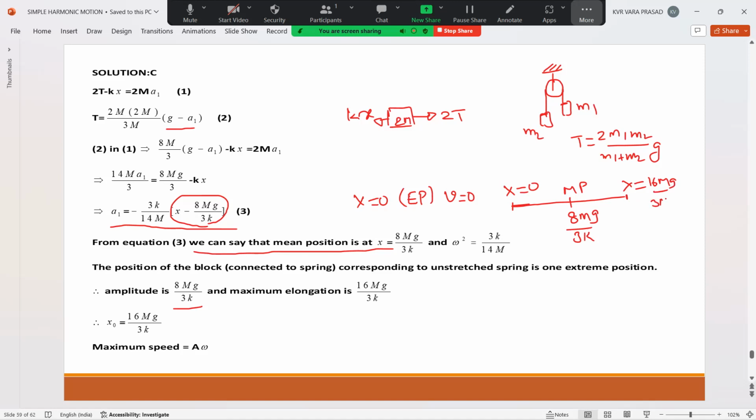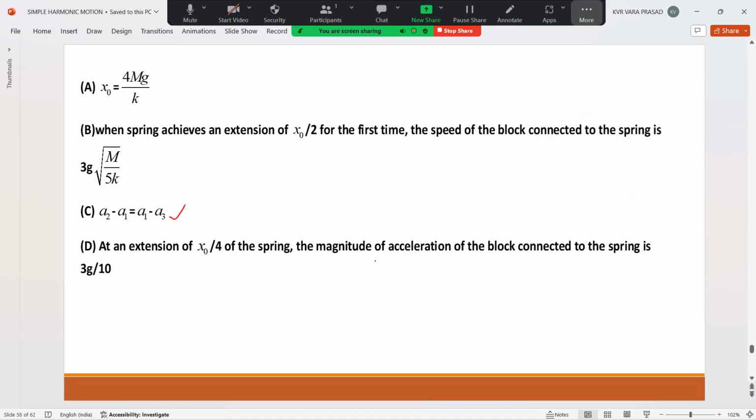Other extreme means where velocity equal to 0. That means maximum elongation. Maximum elongation is equal to 16mg by 3k. Right. Now see the options.